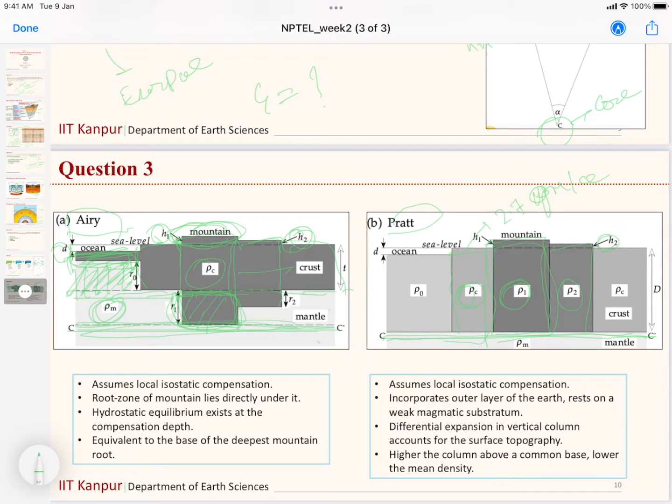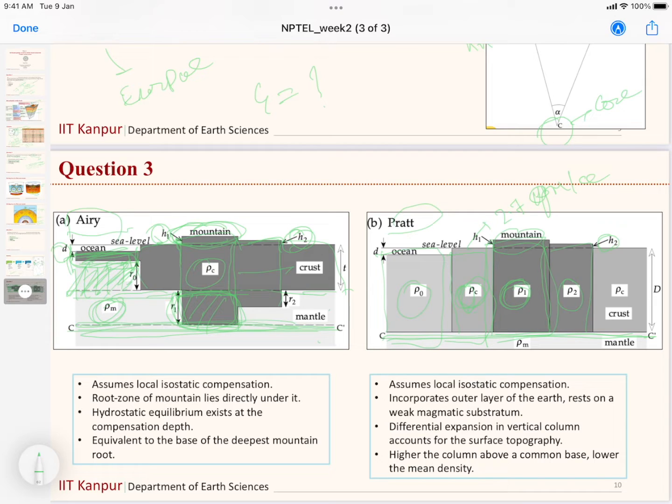And for the oceanic part, we have a rho naught. So now what they did, they fixed the density. They assume that where they have the extra mass, the density would be different as compared to the normal density, that is the density of the crust. And this density would be proportional again to the height of the mountain.